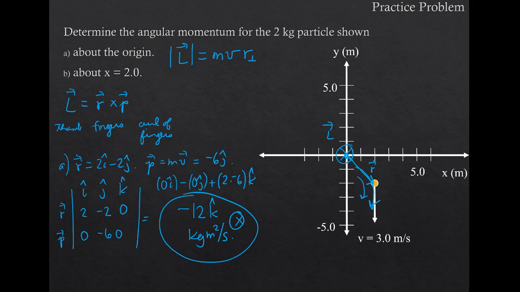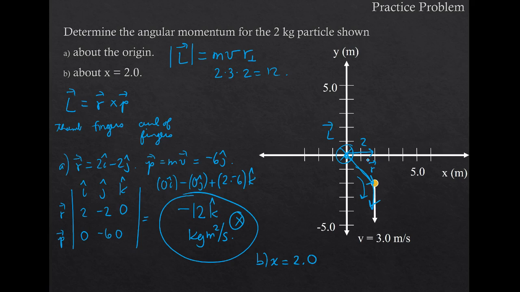Okay, and if you look at this, you can see that m is 2, v is 3, and r perpendicular is actually 2. So the magnitude of this is 12. Okay, so that's part A. Part B, we want to find the magnitude of the angular momentum about the point x equals 2.0.